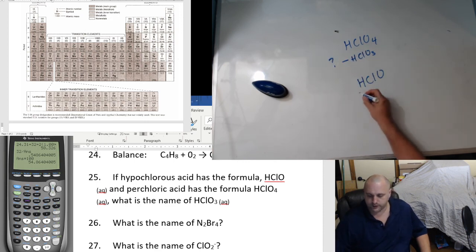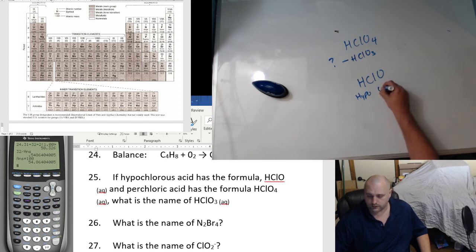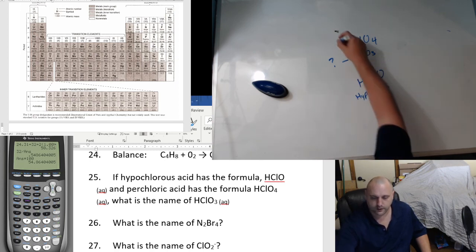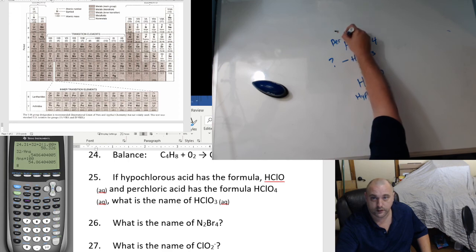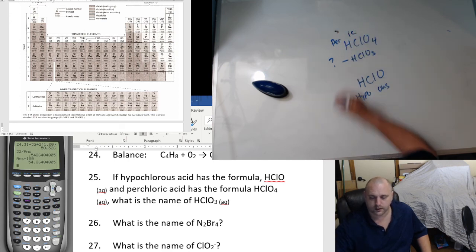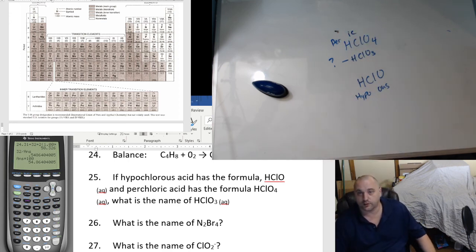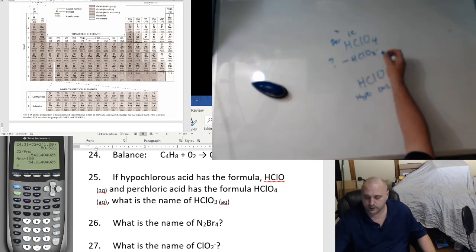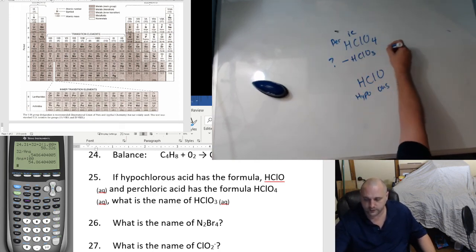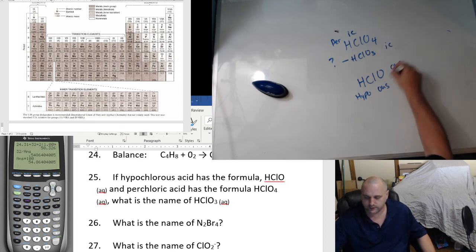Now this one is hypo, and it's ous, and this is per, and it's ic. All right, and so it's chlorine, so it's perchloric acid. And this is going to just be the ic, and this is the ous. This is lower than the ous, so that's my hypo.